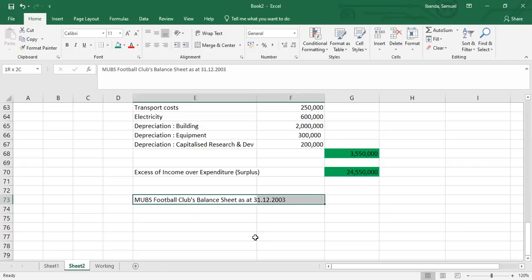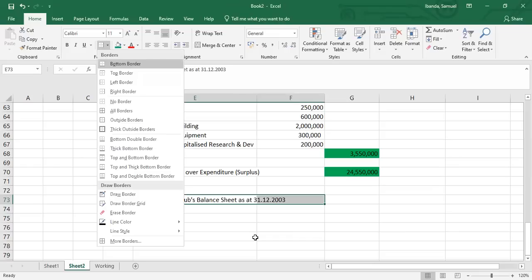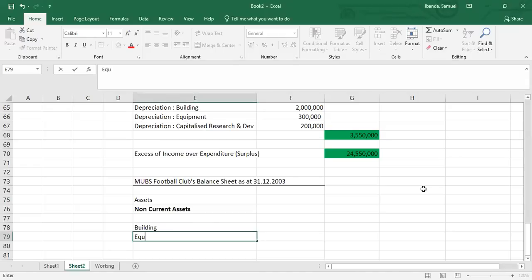So remember, when it comes to this, I'll have my assets. Okay. And I have my non-current assets. I have the building, equipment, a capitalized development expenditure.